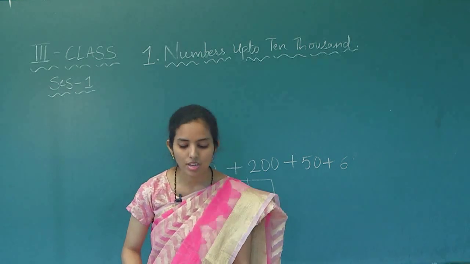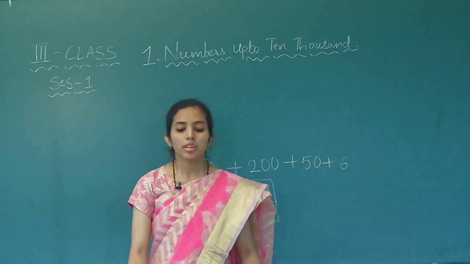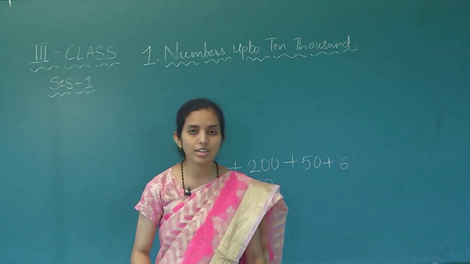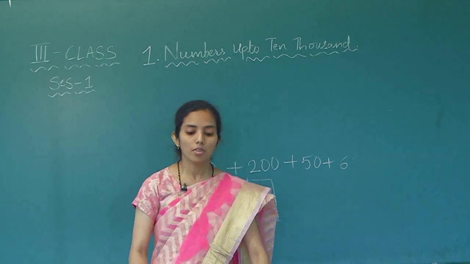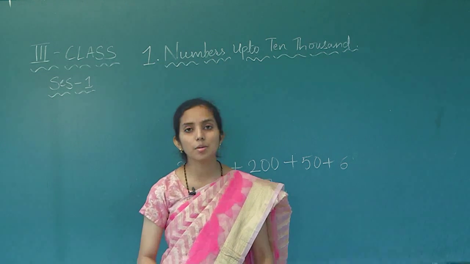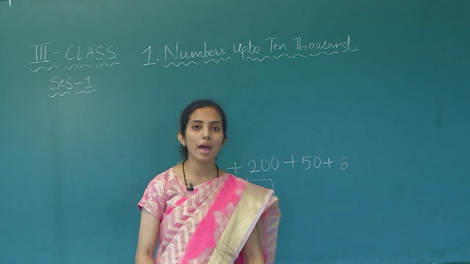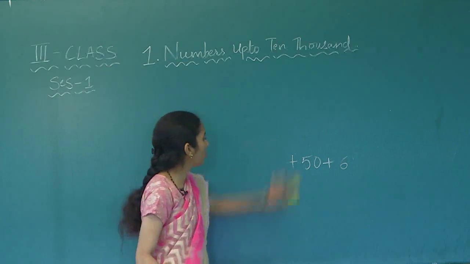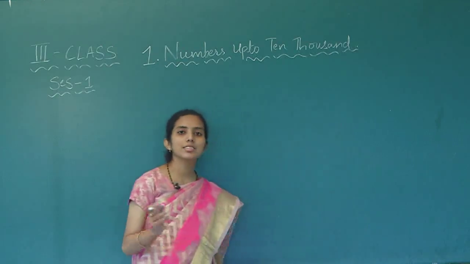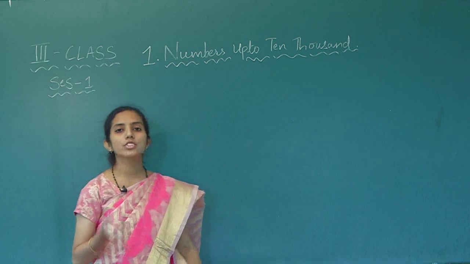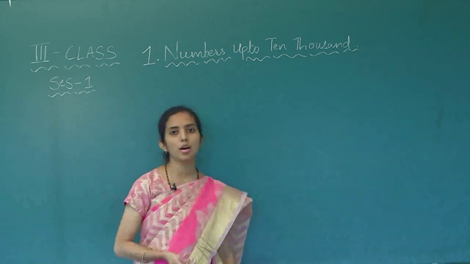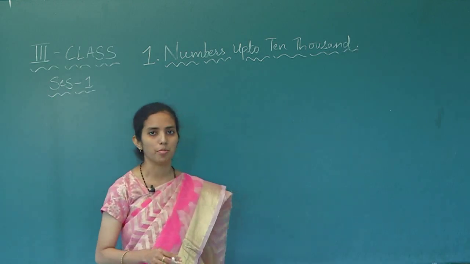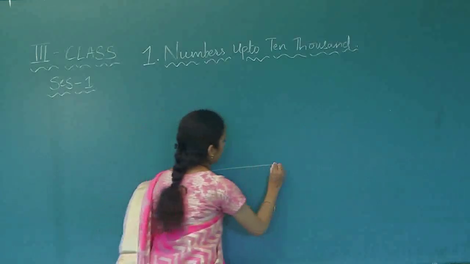So in this manner he has given us examples, and on page number 9, all of you please look into the textbooks. On page number 9, he is representing the number in the abacus tool. So what is an abacus? All of you know an abacus is a simple tool which is used for counting numbers or for representing numbers.